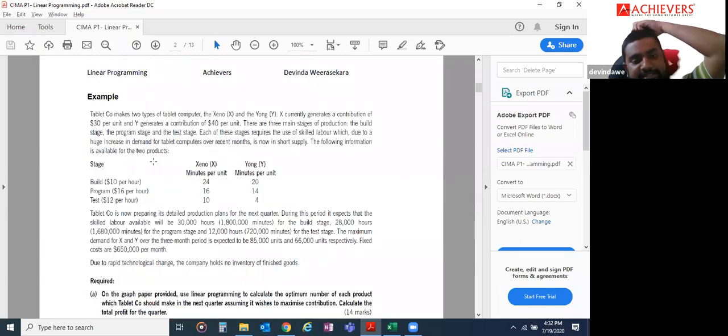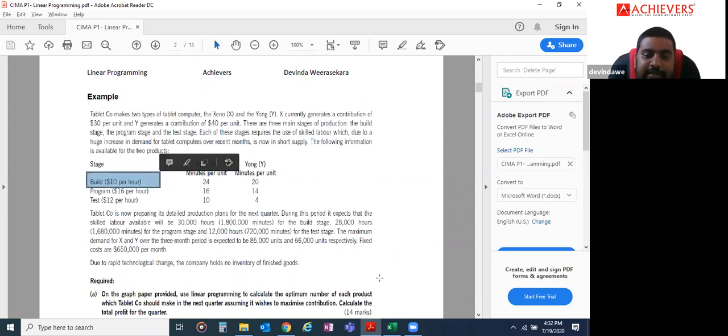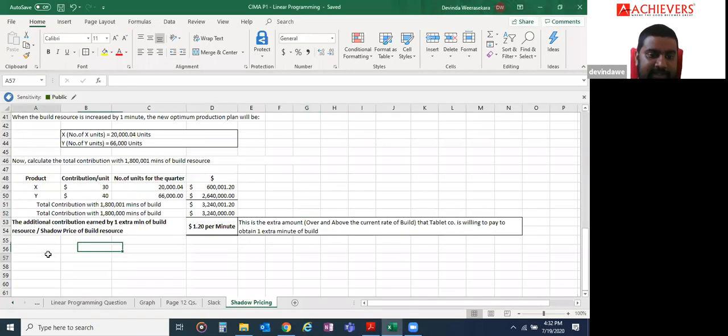So basically, what is the current rate of build? The current rate of build is $10 per hour, right? Let's do the calculation as well.